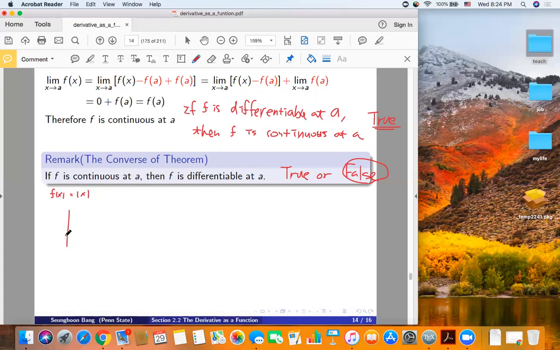the absolute value of x. The graph is this one. At the corner, what's that? Well connected. Function f is continuous at 0. But the function f is not differentiable.